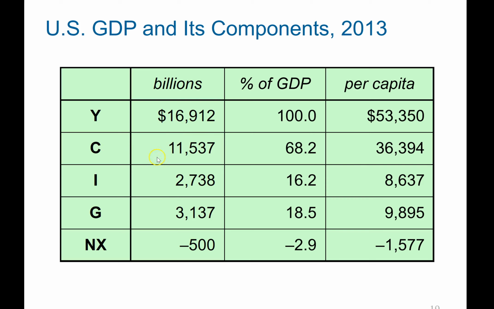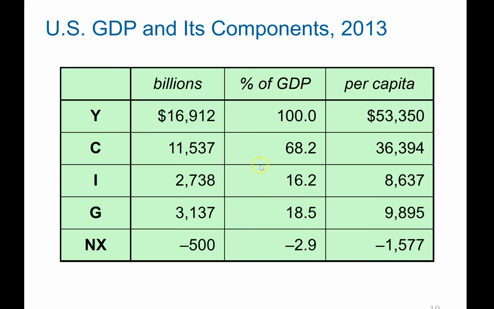And the consumption portion of that was 68.2%, so pretty close to that 70% measure. Investment was 16%, government purchases 18%, and net exports, this represents that trade deficit we've had for quite a few years now, were a negative on the economy. So net exports, that trade deficit, was actually a drain on GDP and actually brought our GDP down.